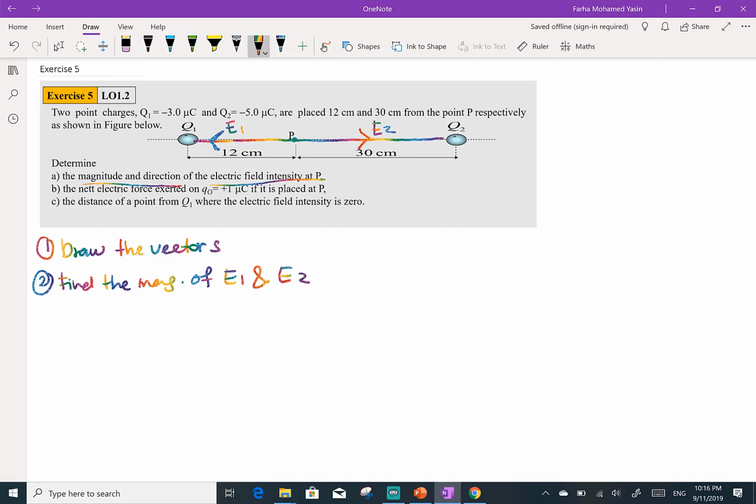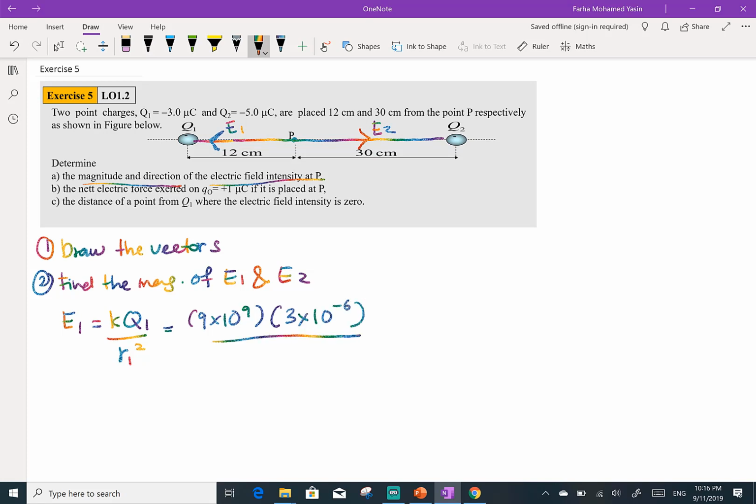Okay, so for E1, okay, we know that E equals KQ over R square, KQ1 over R1 square. Okay, so we substitute all the values. K is Coulomb constant. Okay, Q1 is 3, negative 3 microcoulomb, but we know that the electric field is a scalar quantity, so kita substitute the magnitude only.